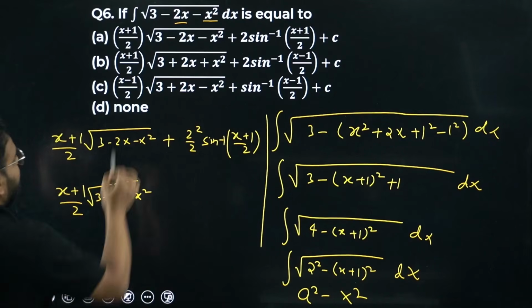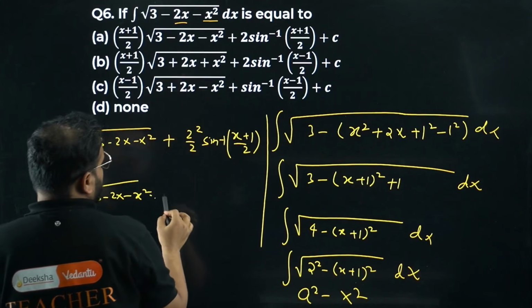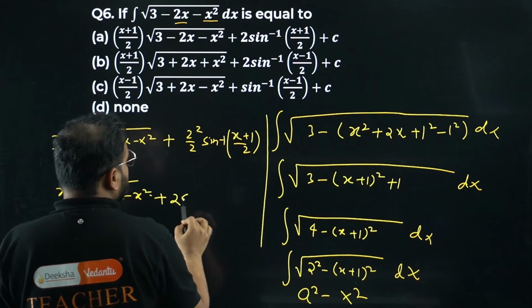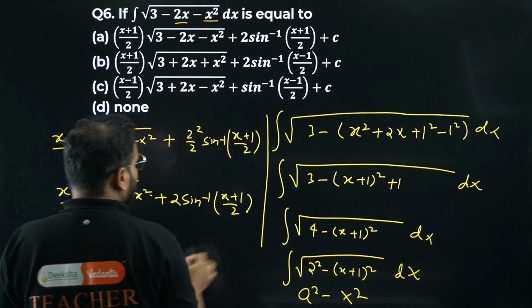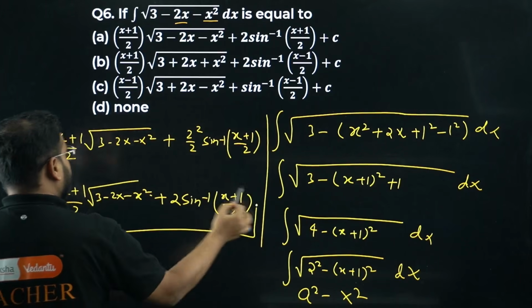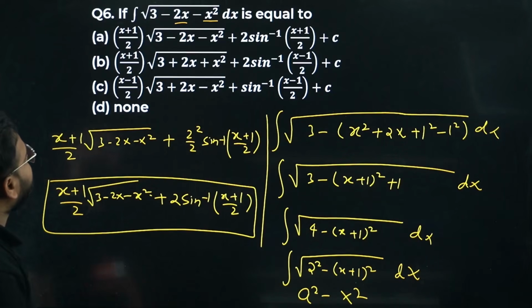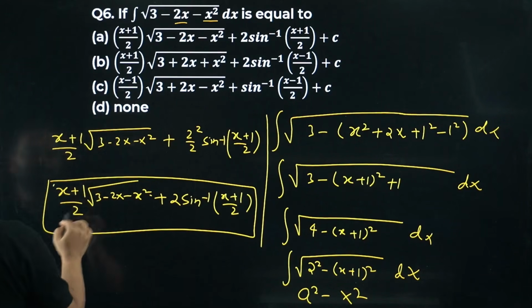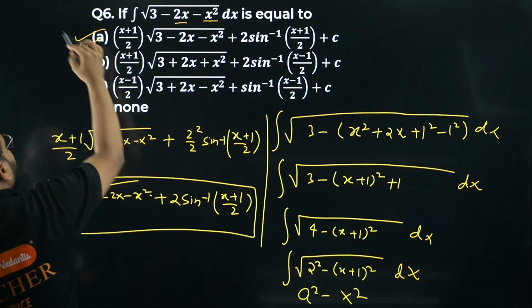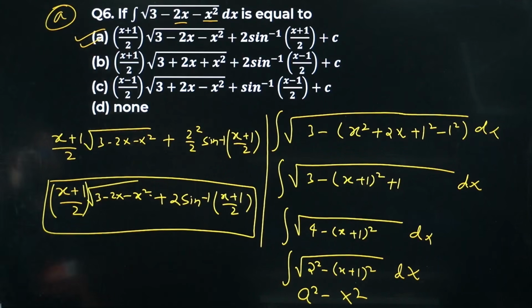Same root. Plus 2 square by 2 is simply 2 sin inverse of x plus 1 by 2. This is your final answer. Any option like this, please check. Option A is correct. Option A is the right option.